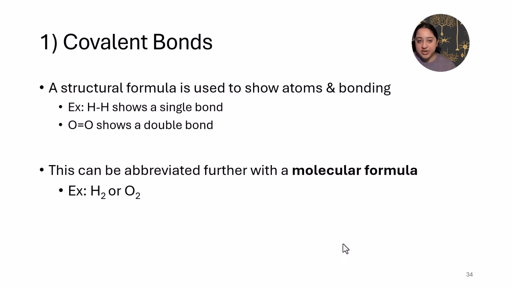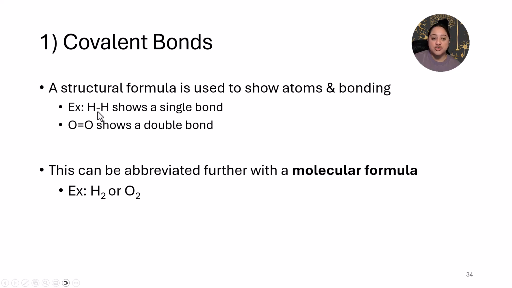And there's a bunch of different ways that we can talk about or refer to molecules. So a structural formula is used to show atoms and bonding. And so it'll show the letter that represents each atom or element. So H represents hydrogen.